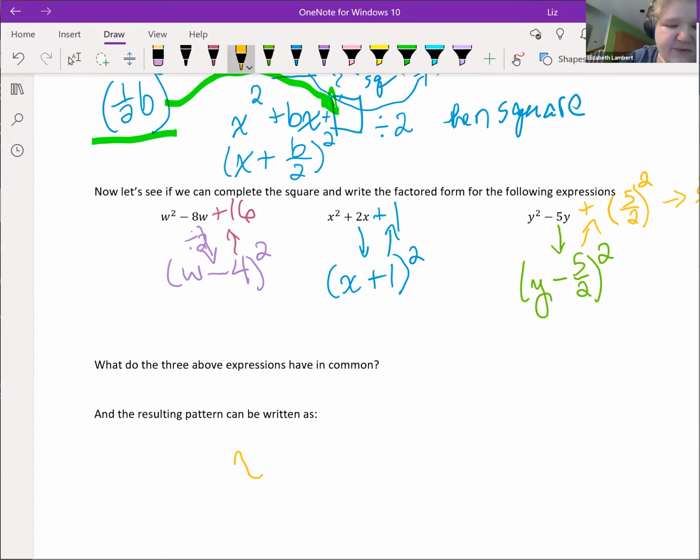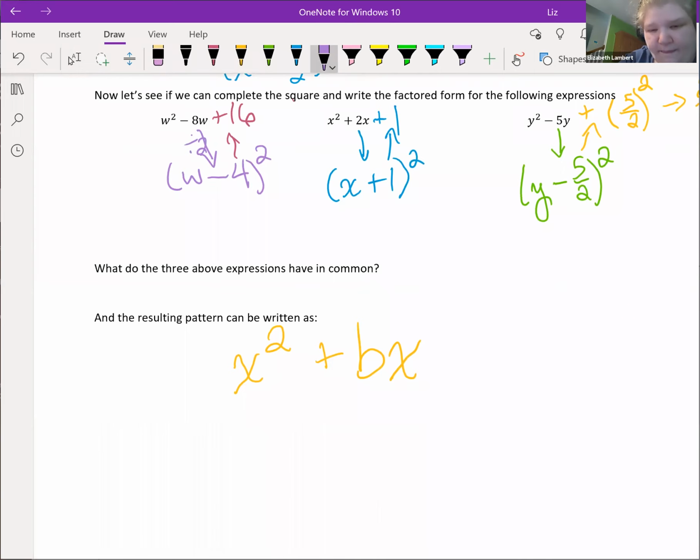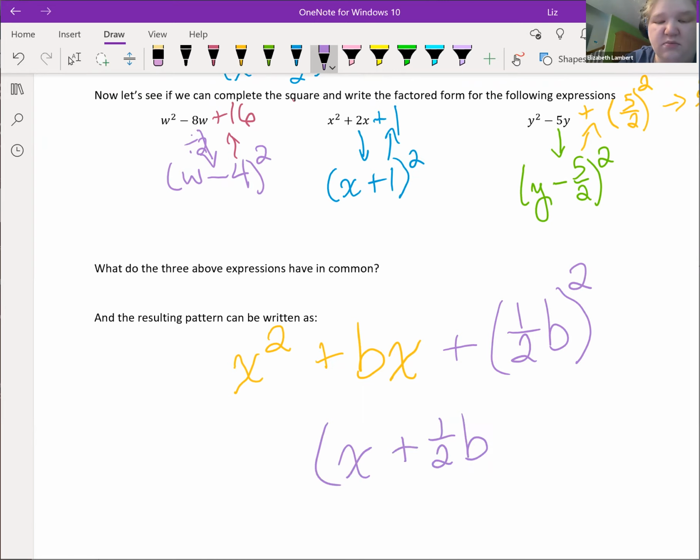So if I have x squared plus bx, the term that would get added on would be, I'm going to write it like this, because if b is ever a fraction itself, then seeing it as 1/2 times the fraction makes more sense than fraction over 2. So half of b squared, and the factored form would be x plus 1/2 b, whole thing squared.